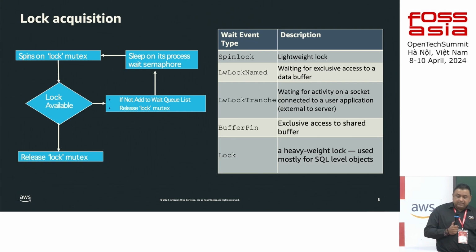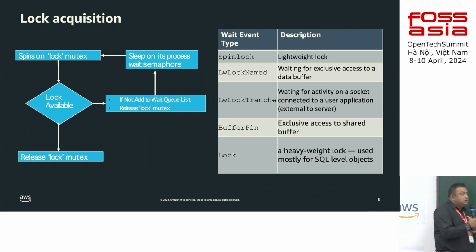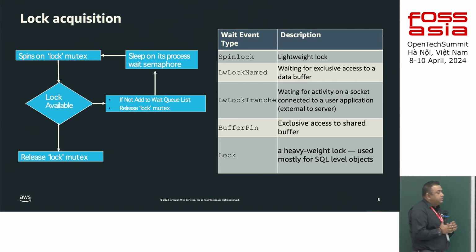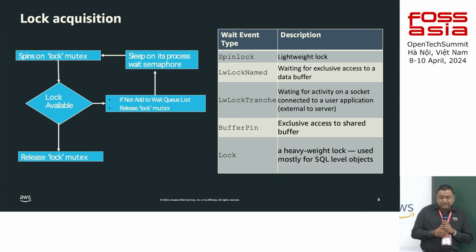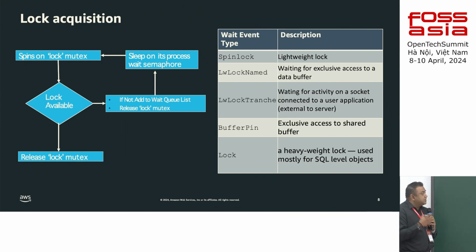So if another process is currently holding a lock on that object, it adds itself to the waiting queue for the resource that's currently locked. And as soon as that lock gets released, the new session will finally acquire that lock as well.